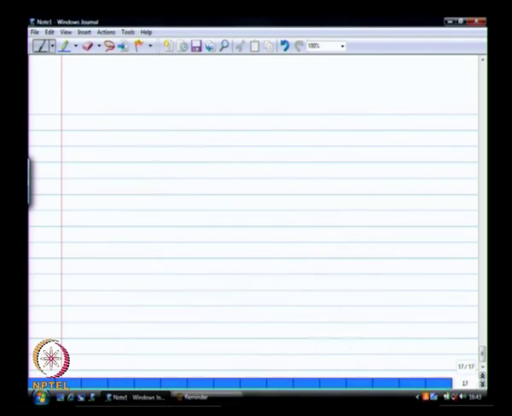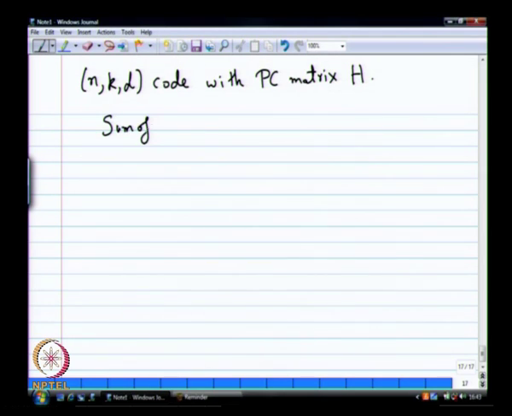The next thing I am going to do is make another statement, and you tell me if it is true or not. Suppose I have an n, k, d code with parity check matrix H. Here is another interesting result: the sum of any d minus 1 or fewer columns will be non-zero.